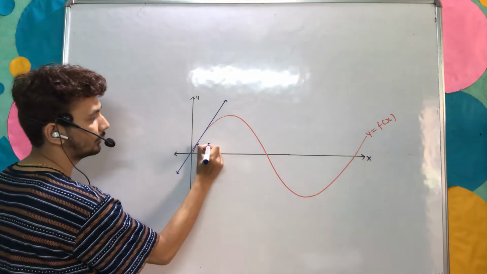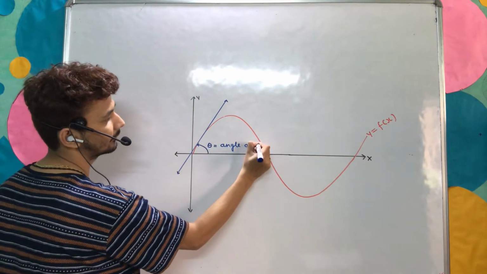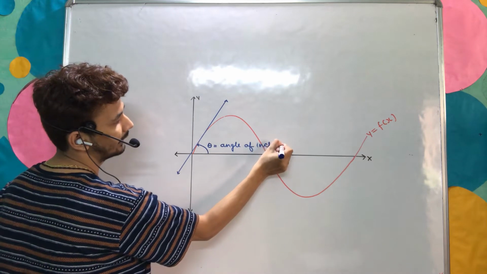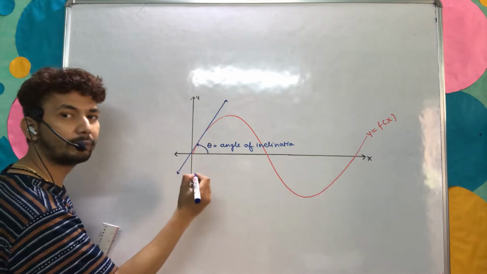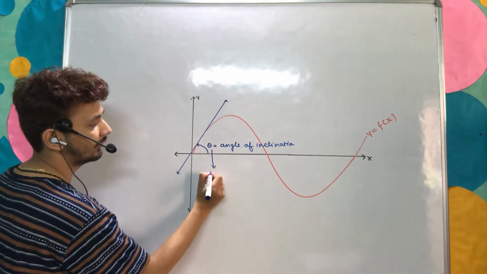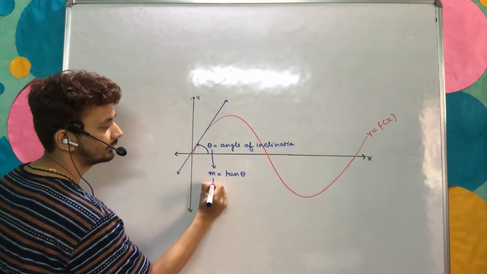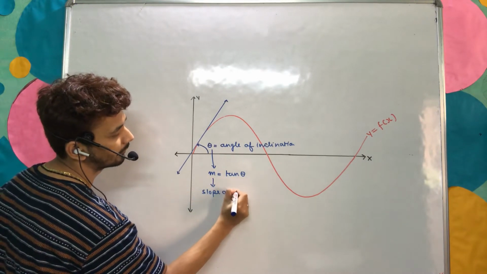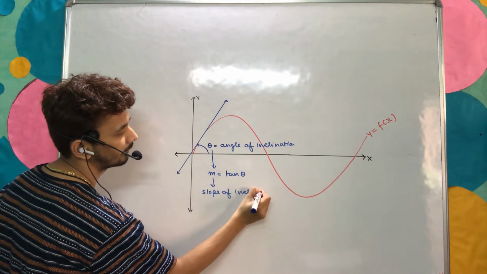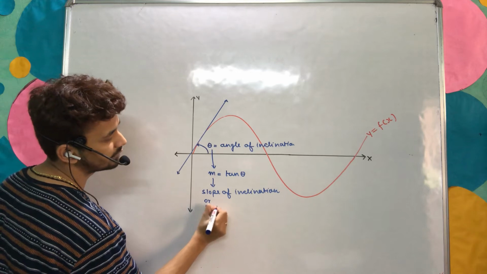This angle is known as the angle of inclination. Now I want to calculate the slope of inclination. As we have read in the 10th class, m equals tan theta, where m is the slope of inclination, or simply we can say the slope of the tangent.